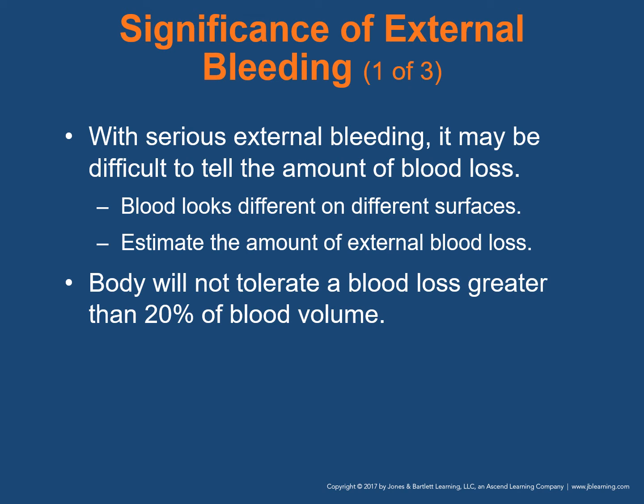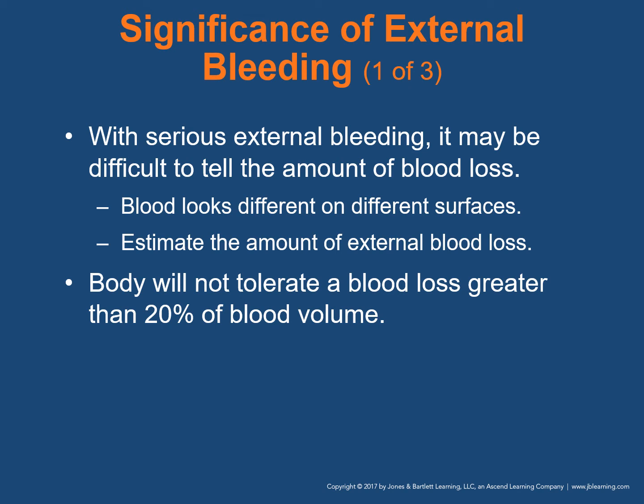When you add water into blood, it may make it look like it's more blood. And so our goal is to estimate the amount of external blood loss, but not use that to make a decision whether it's critical or not. You want to look and go, oh God, that's a lot of blood, but are they showing other signs and symptoms?